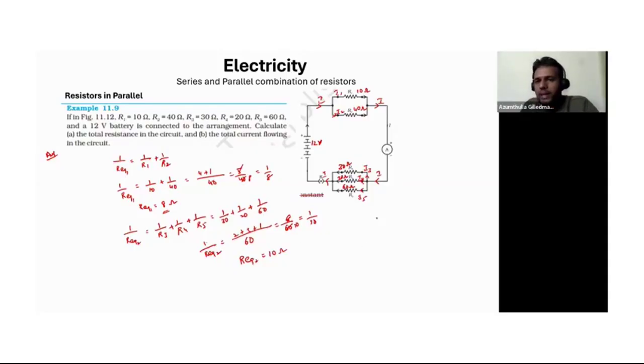Now I can simply transform this circuit into a simpler circuit, as I have already found the equivalents. The battery I'm also denoting with one symbol. Here this is R equivalent 1 and this is R equivalent 2.